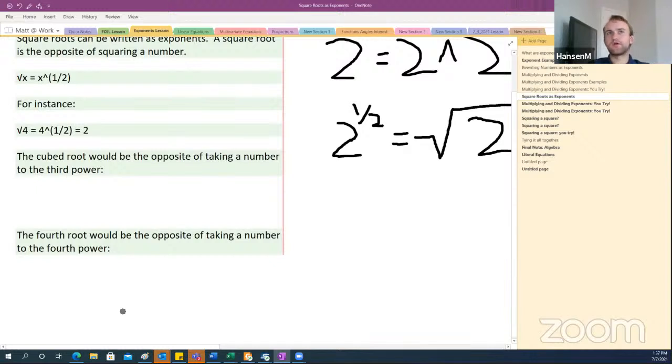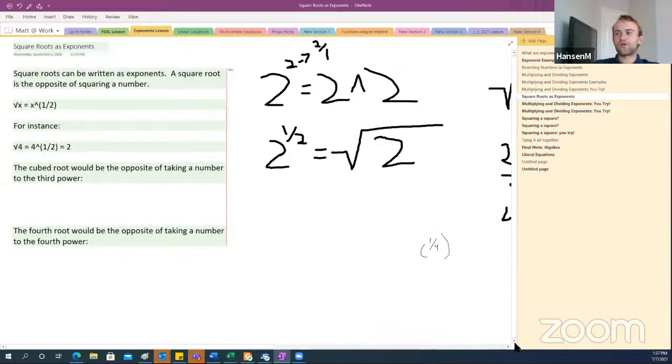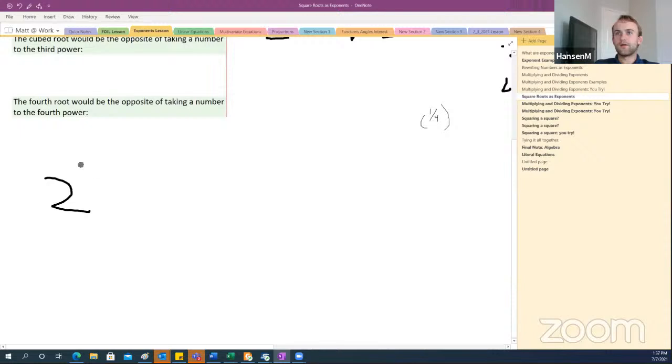Kind of like with exponents, you're not limited to just raising it to the second power. You can also take what's called the cubed root, or the fourth root, or the fifth root of a number. As an example, 2 to the third power means 2 times itself 3 times, or 8.